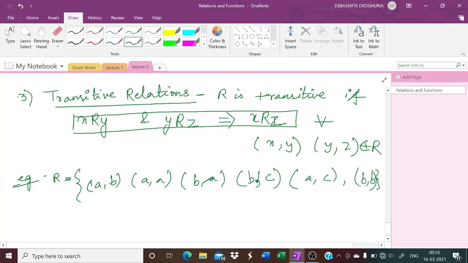Now see, let us take the first element, (a, b). (b, a) is also present. And what would these two give? (a, a), which is present.